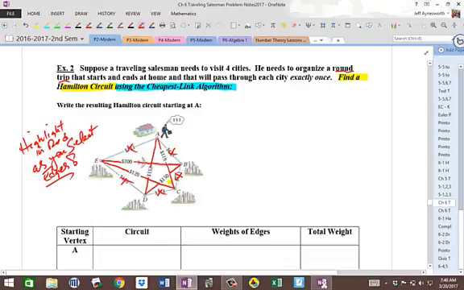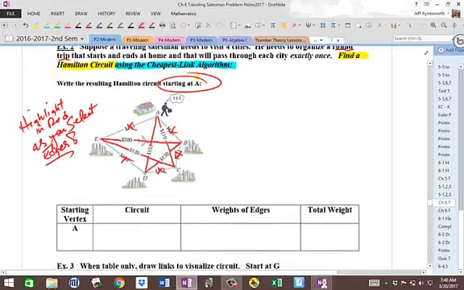Notice we have a circuit now. So let's write the circuit starting at A. This is the start. Let's say that we go from A to C first, at 119, and then over here to E at 120.